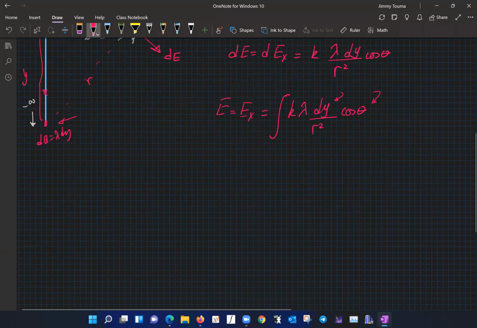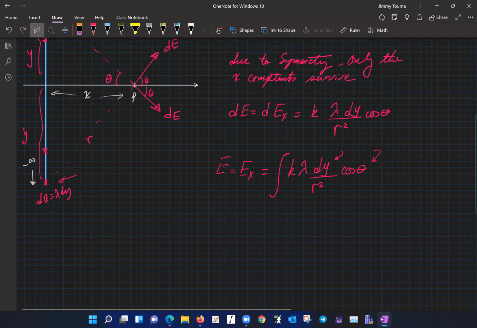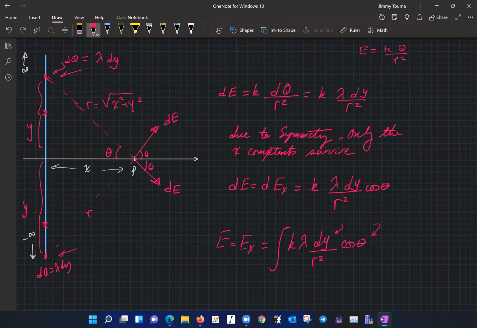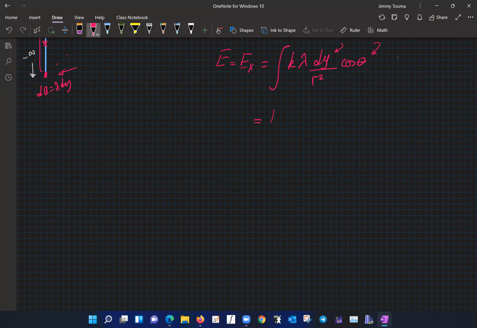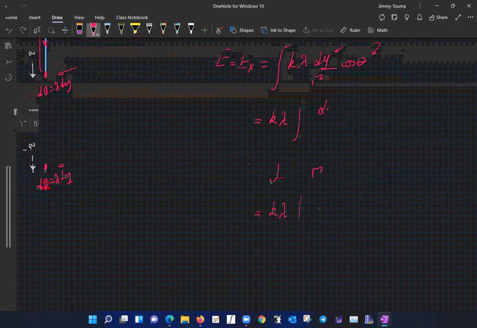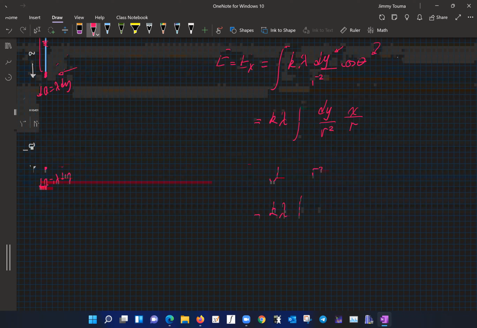All right, so now if I look here at the triangle, cosine theta is x over r. So k lambda, I take them out because they're constant. Integral, here's dy. Cosine theta is x over r, and I have an r squared here. Also, x is a constant. Take it out in the next step.